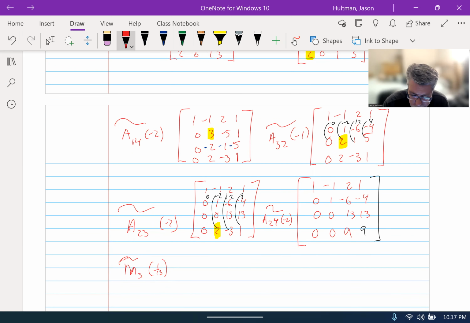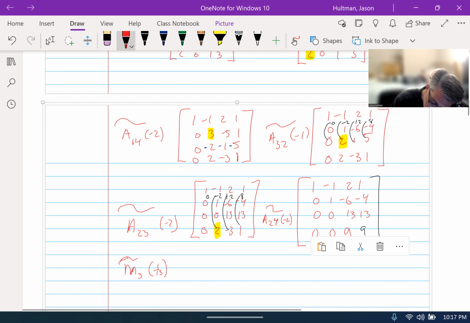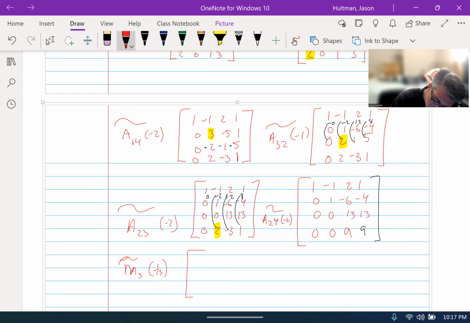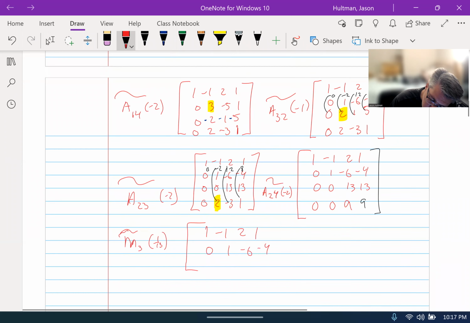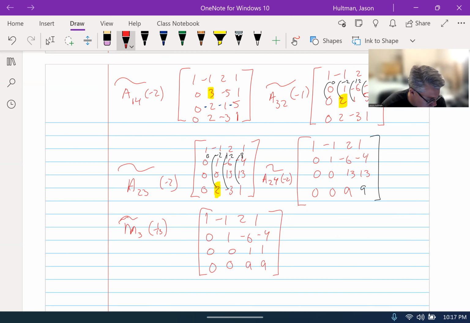And since I have two 13s, I end up with 1s there, which is nice. So that resultant matrix is going to be 1, -1, 2, 1, 0, 1, -6, -4, 0, 0, 1, 1. And then I have 0, 0, 9, 9.